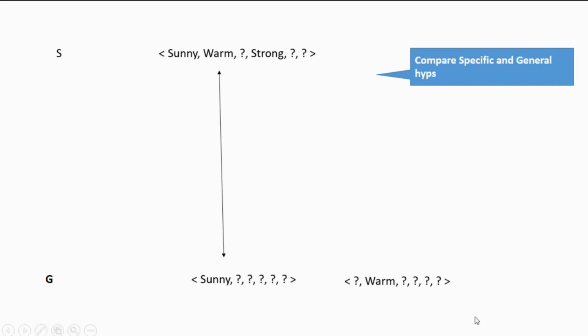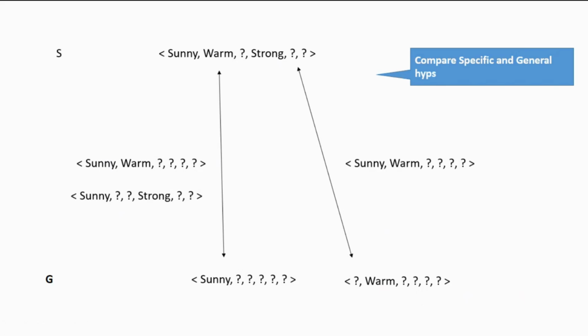Now, for the first hypothesis in the G space, we have to generate candidates by simply replacing a value. It is warm, right? And the next is replacing the fourth value, which is strong, right? This hypothesis is replaced like this. And the second hypothesis in G space is replaced like this.